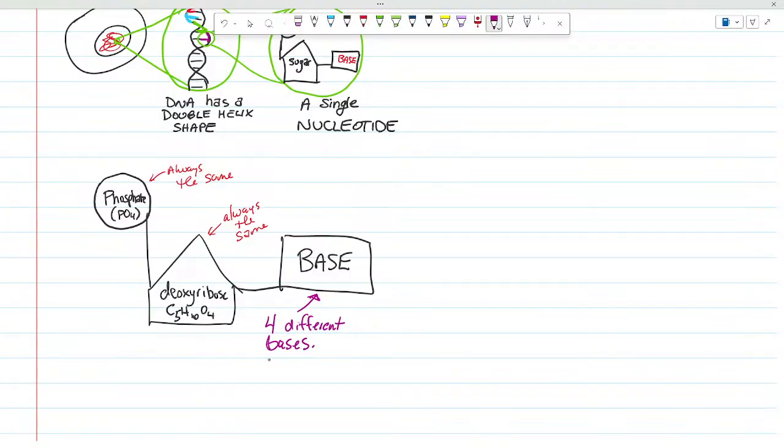And the reason there are 4 different bases is how the code is going to get stored. Your DNA is like a book if instead of a book having pages, a book was just a long string of letters, almost like a scroll. You've seen scrolls in the past, right? The idea of a piece of paper that just keeps going.